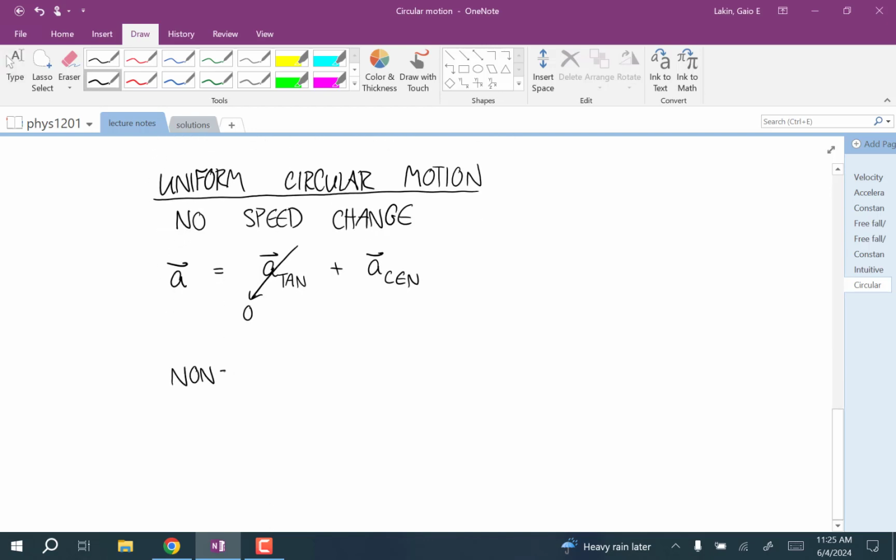The opposite of uniform circular motion is non-uniform circular motion. And in that case, you have both of these two.